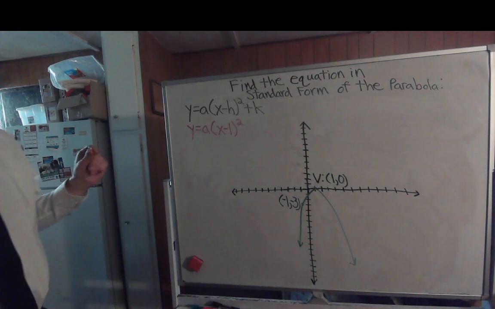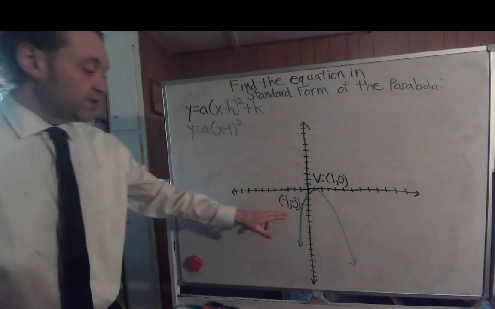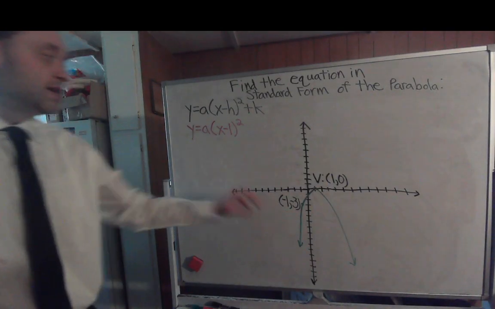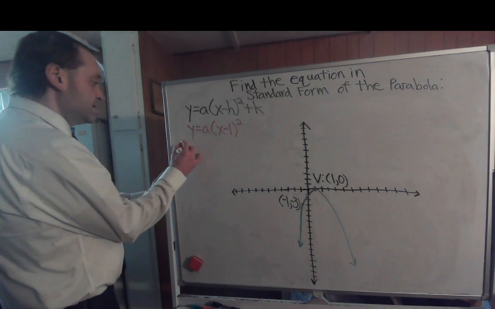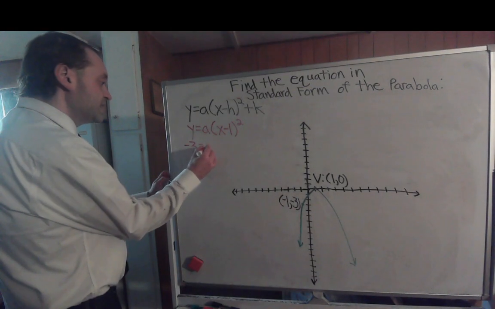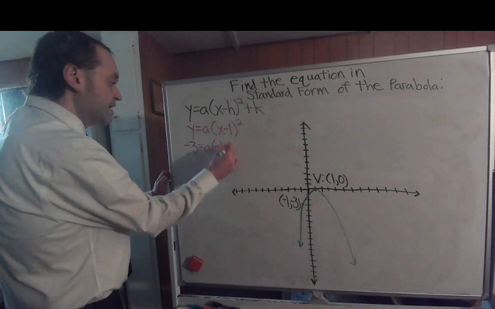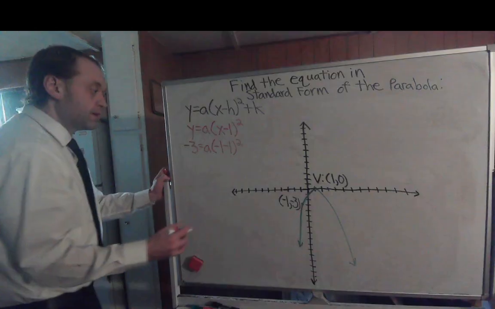Now, for the point it passes through, take your x coordinate of -1, put that in for x, and take your y coordinate of -3, put that in for y. So you'll get -3 equals a times the quantity of -1 minus 1, that quantity squared.